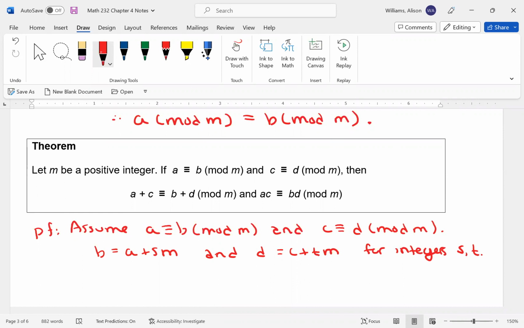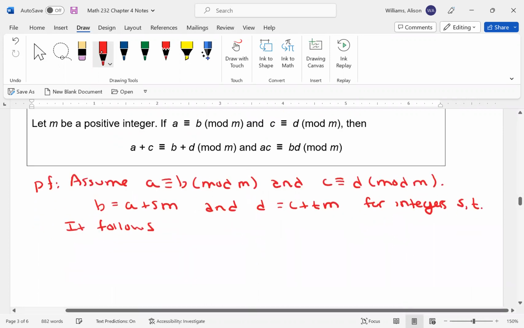That's based on what we talked about earlier, the theorem earlier, for rewriting something in modulo form into this form.